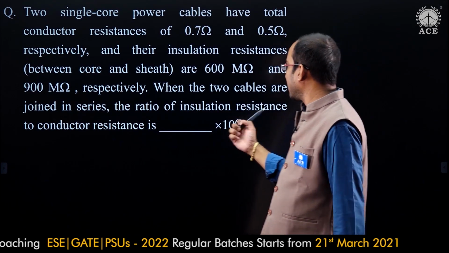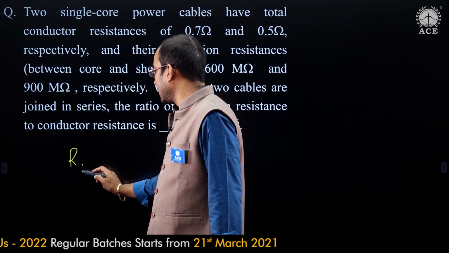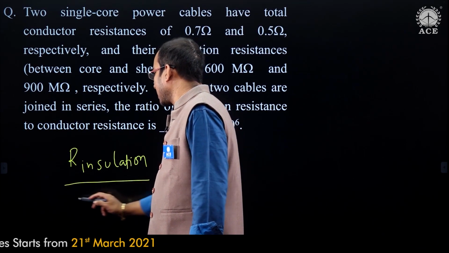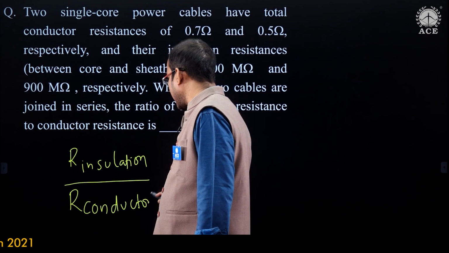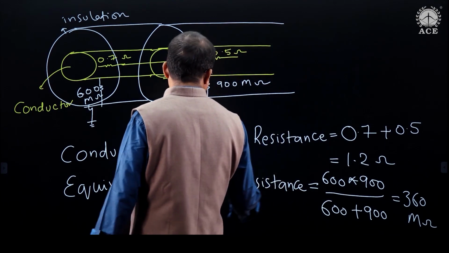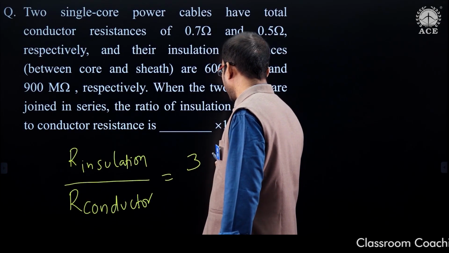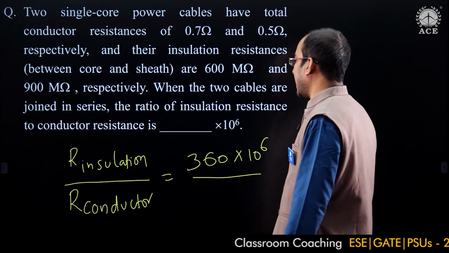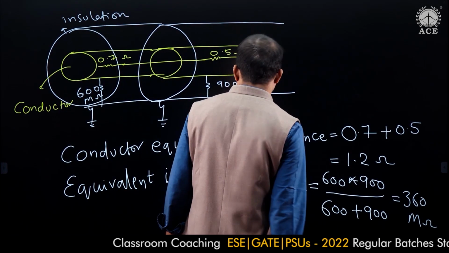What is the ratio of insulation resistance to conductor resistance? So, the ratio of insulation resistance to conductor resistance. What is the equivalent insulation resistance? 360 mega ohms, that is 360 into 10 power 6, divided by the equivalent conductor resistance, here it is 1.2 ohms.